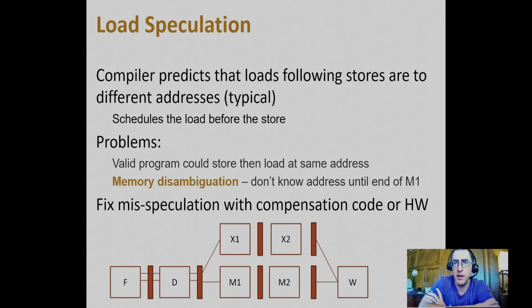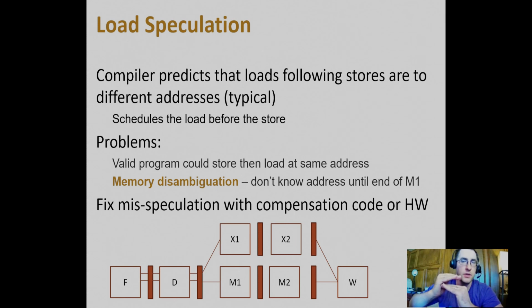So this problem of determining if two addresses are the same is something known as memory disambiguation, which is that you don't know the effective address of a load or a store instruction until the end of the M1 stage when you calculate it.